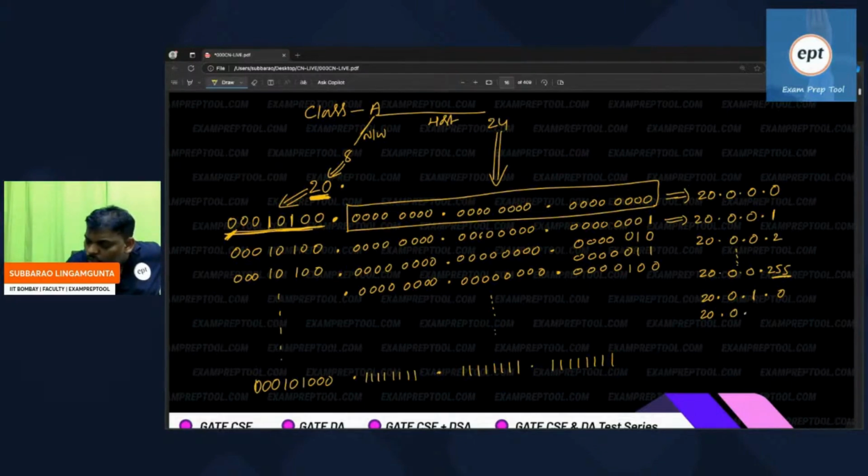Slowly, see, slowly one by one. Like that, it keeps on changing. Lastly, can you see the last one? 20.255.255.255. Everyone became 255.